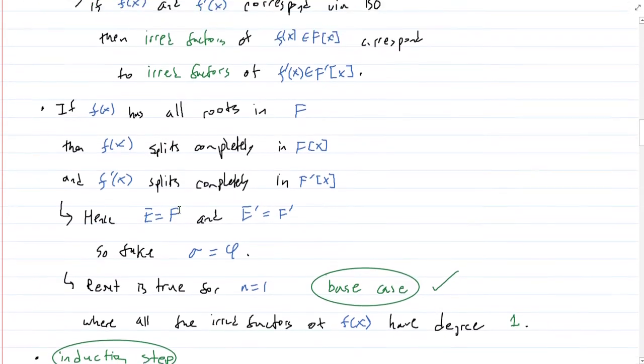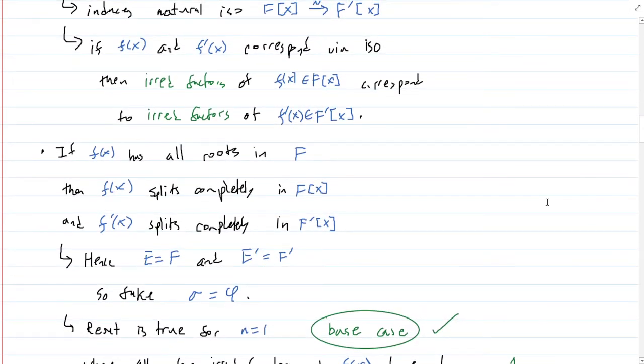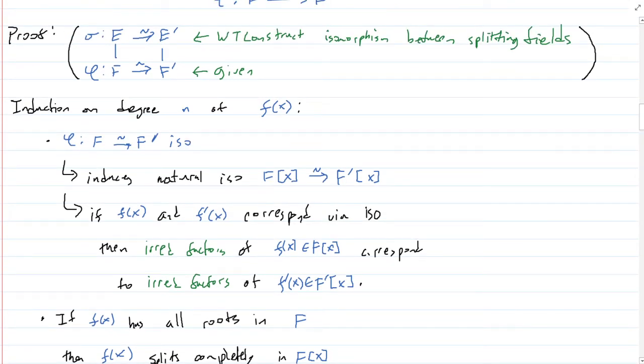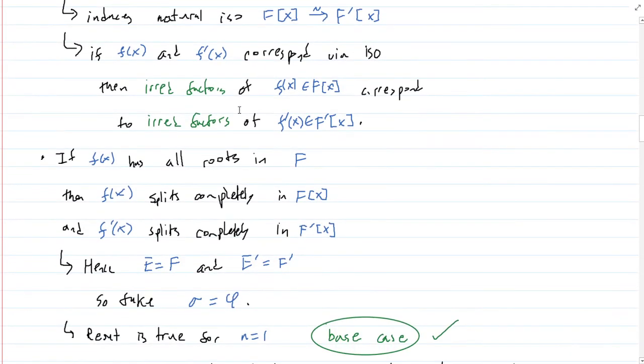I think now we're going to use this to do the base case. Again, the proof strategy is to do induction on the degree n of f, and right now we're doing the base case. Okay, so first let me just say something. If f(x) has all of its roots in F, then f(x) splits completely in the polynomial ring F[x].